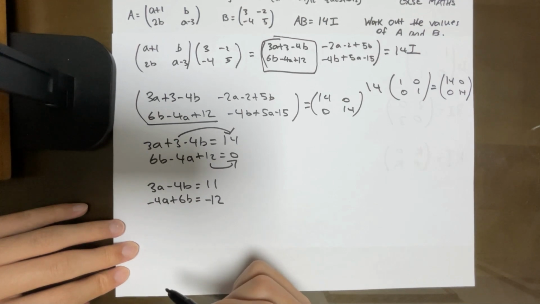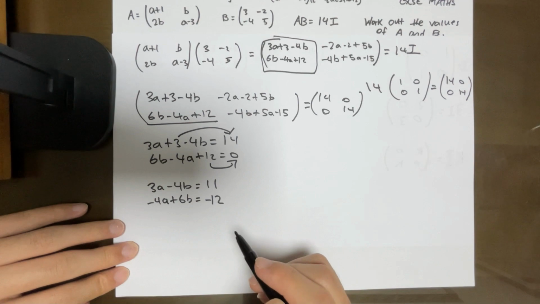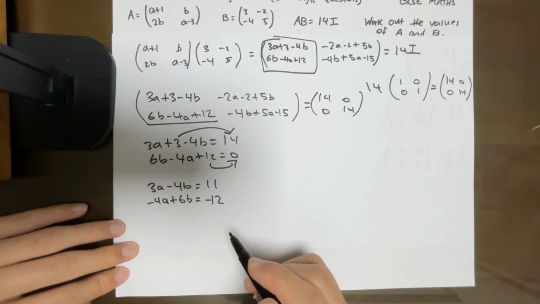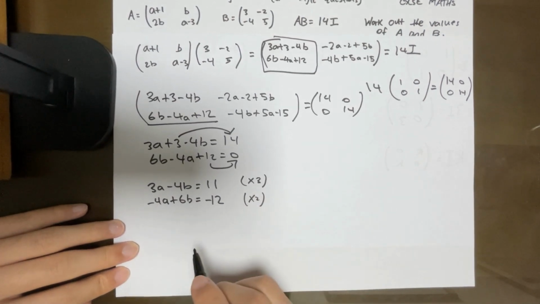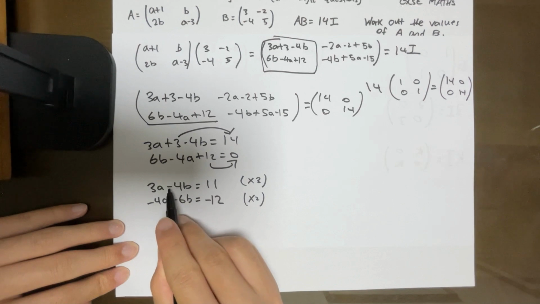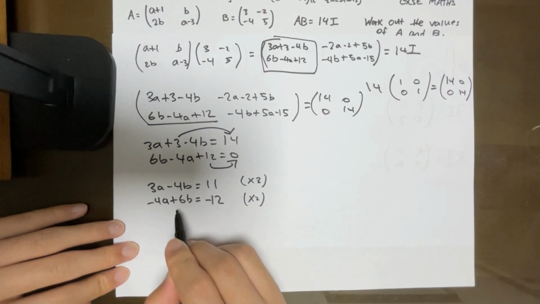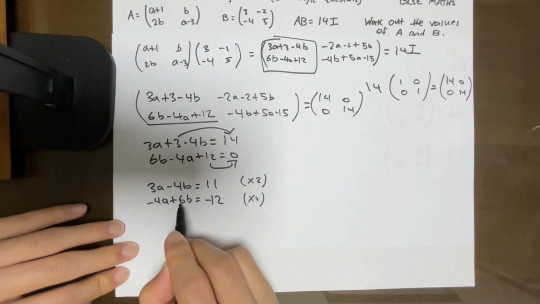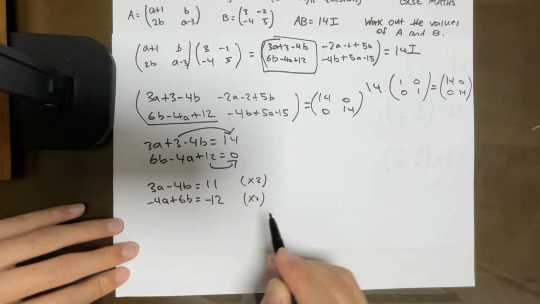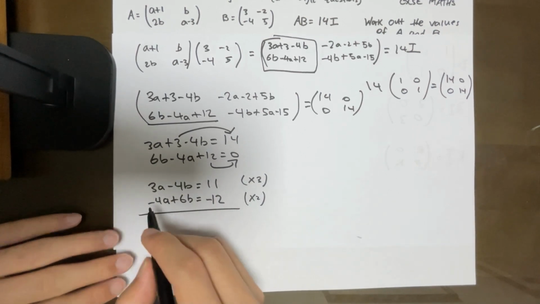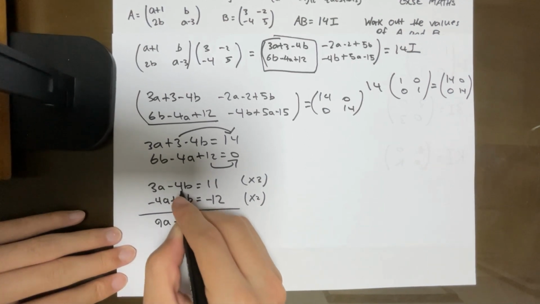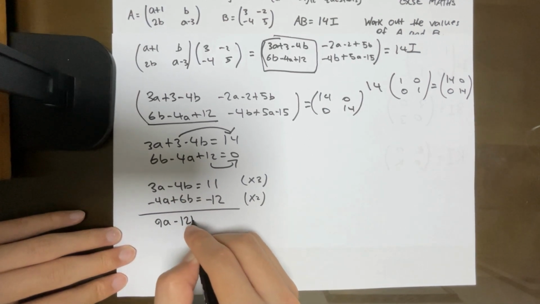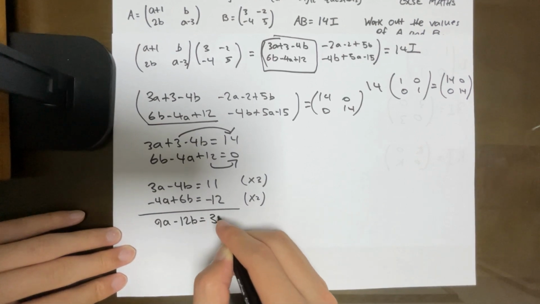Now, what can we multiply to get rid of one of the variables? I think we can multiply the bottom by 2 and the top by 3. That should give us minus 12b and plus 12b, so if we add them together, that should get rid of the b's. So 3a times 3 gives us 9a, minus 4b times 3 gives us minus 12b, equals 11 times 3, which is 33.